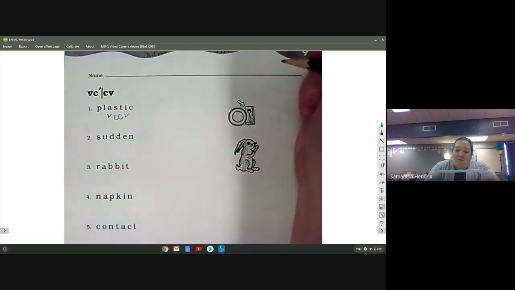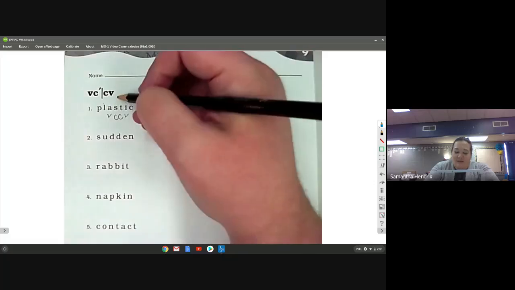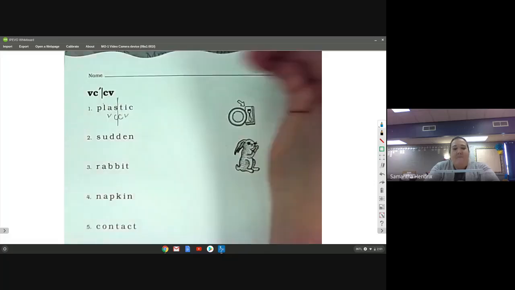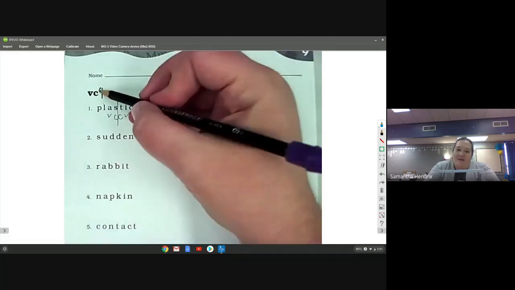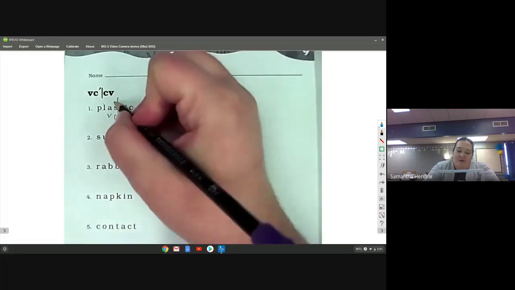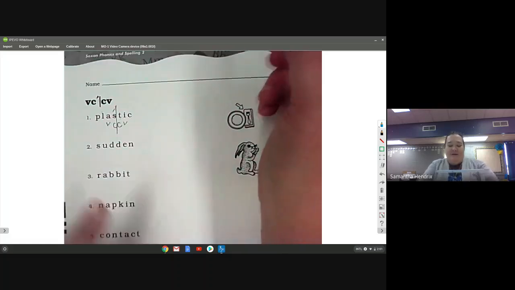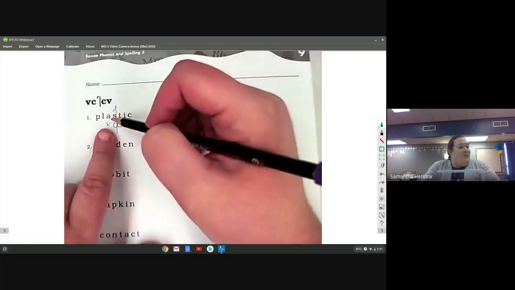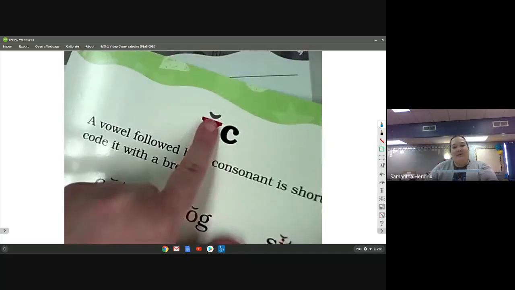So now our rule, look right here, we're going to split it between the consonants. And I forgot to tell you guys, but all of these words, the accent is on the first syllable. So I'm going to go ahead and put my accent mark there. Okay. Now, our vowel rule. If we have a vowel followed by a consonant, it's a short vowel.